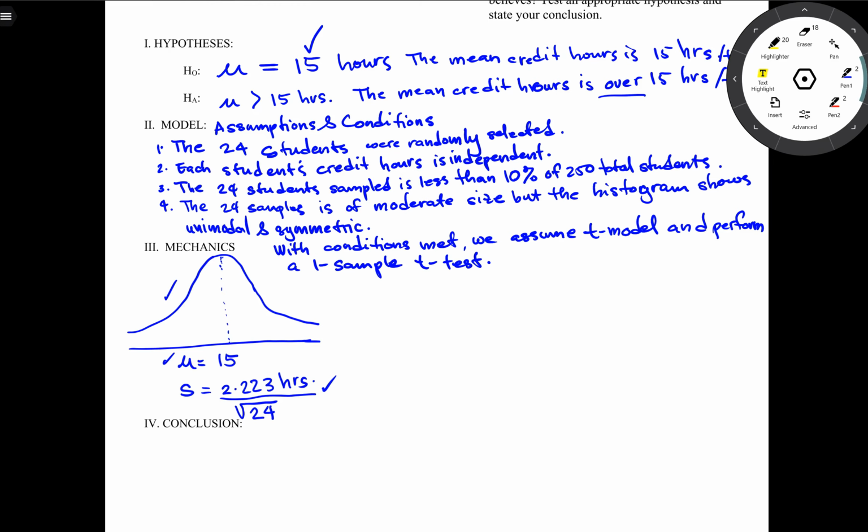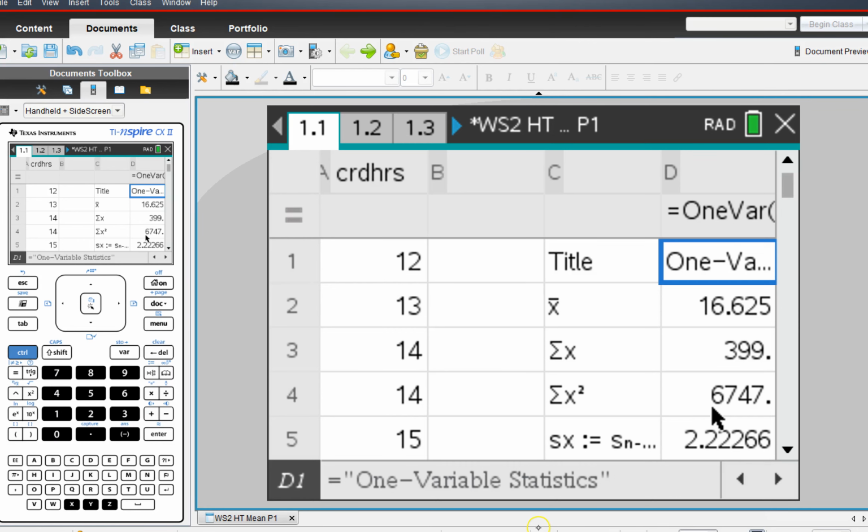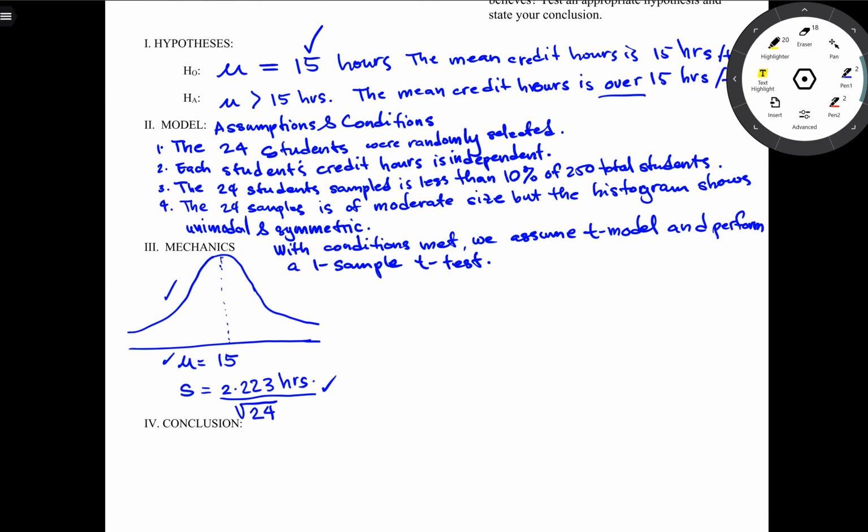Next is the data value, and our data value would be our X bar. The sample mean is at 16.625, so our X bar is 16.625 hours. Shape, center, spread, data value, and then I get the t-score now.